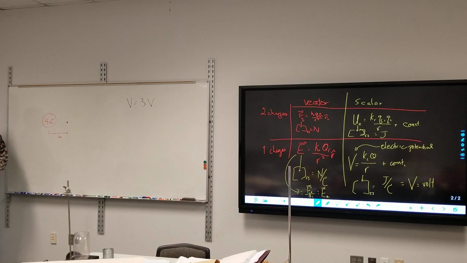It's just a simple plug and chug. One meter away. Assume spherical symmetry, and since it's spherical symmetry on the charge distribution, I can assume it's a point charge at the center.